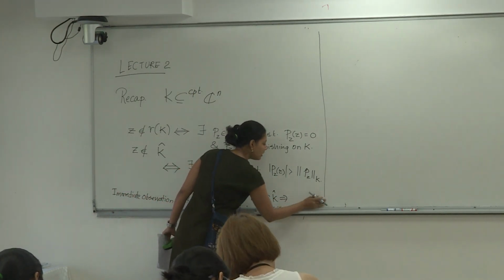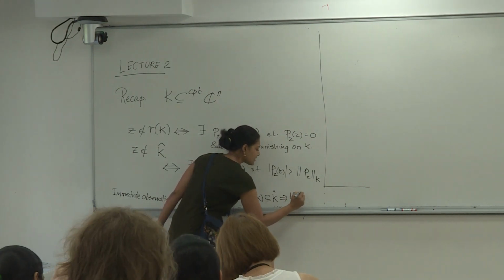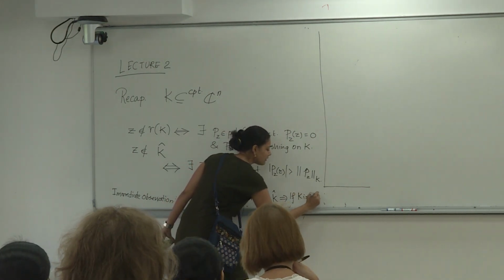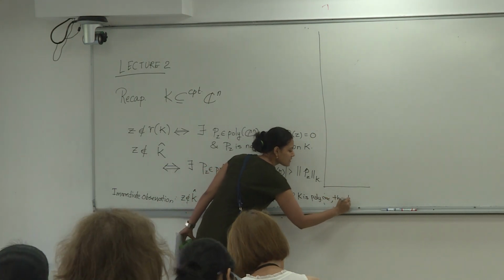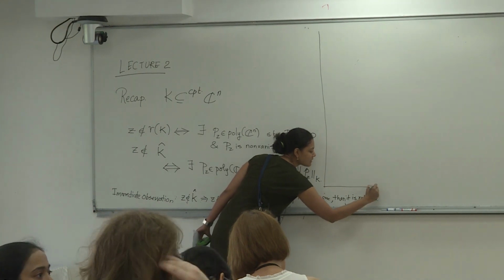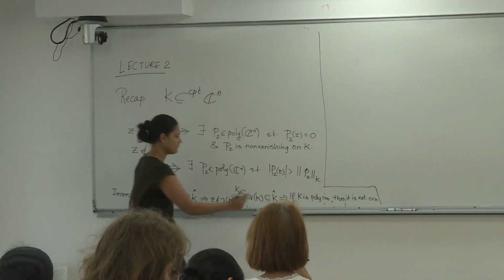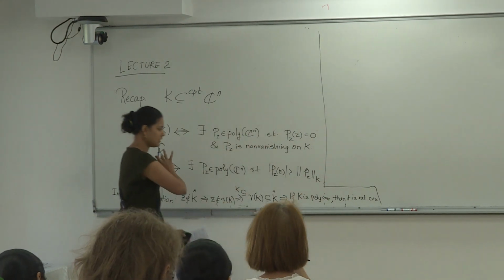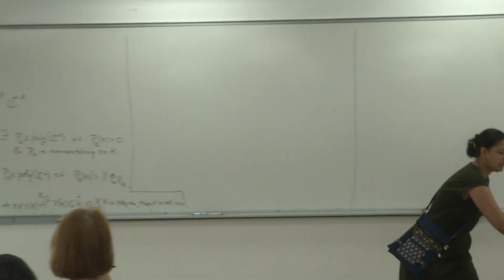Another implication is that if K is polynomially convex, then it is rationally convex. And of course, the converse is not going to be true. We are going to immediately see an example of that, but this follows from what we've written over here.